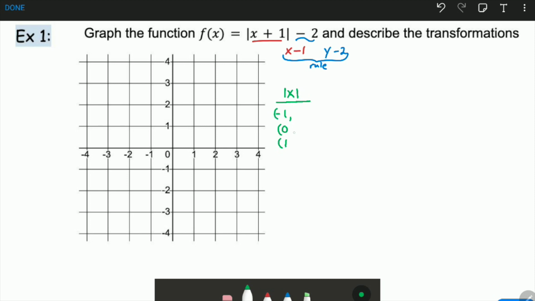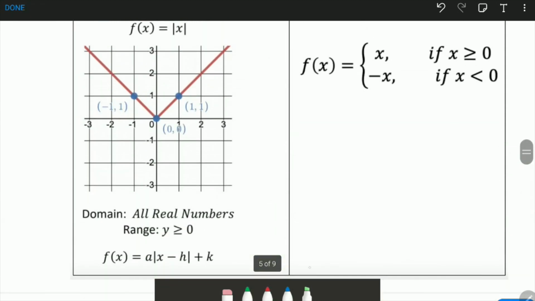The y value with the absolute value of -1 is 1, absolute value of 0 is 0, and absolute value of 1 is 1. So that's the three ordered pairs that we'll be using with the absolute value function. And you can see them on the basic graph of the absolute value function. Those 3 points are indicated.